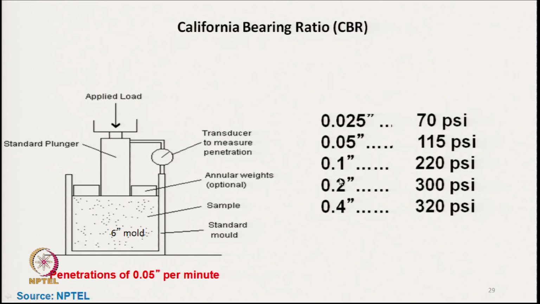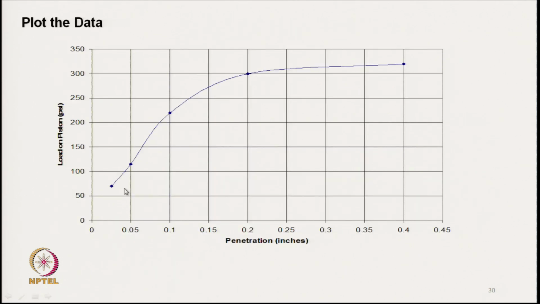Typically 0.1 inch and 0.2 inch, these two data points are taken. The pressure required to penetrate 0.1 inch and 0.2 inch is used to calculate the California bearing ratio. This is the plot we get, the penetration and the load value, or the pressure value, and from this data we can calculate the CBR value.